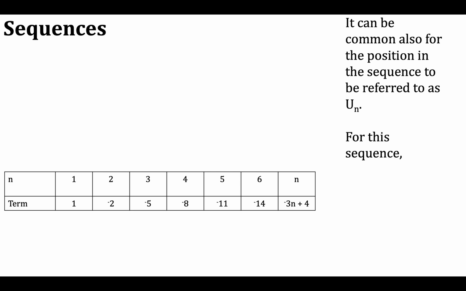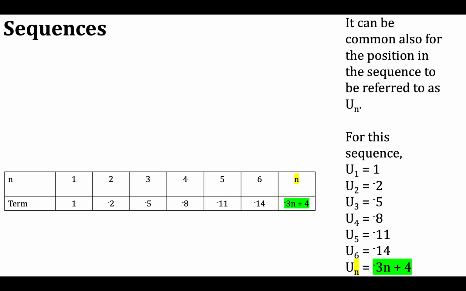So for this sequence, we can say that u1 is equal to 1, u2 is equal to -2, u3 is -5, u4 is -8, u5 is -11, u6 is -14, and un is -3n plus 4. The notation of the un is slightly different. We've not met that before. So that is something that we're going to use moving forward in this topic, so that's worth bearing in mind.